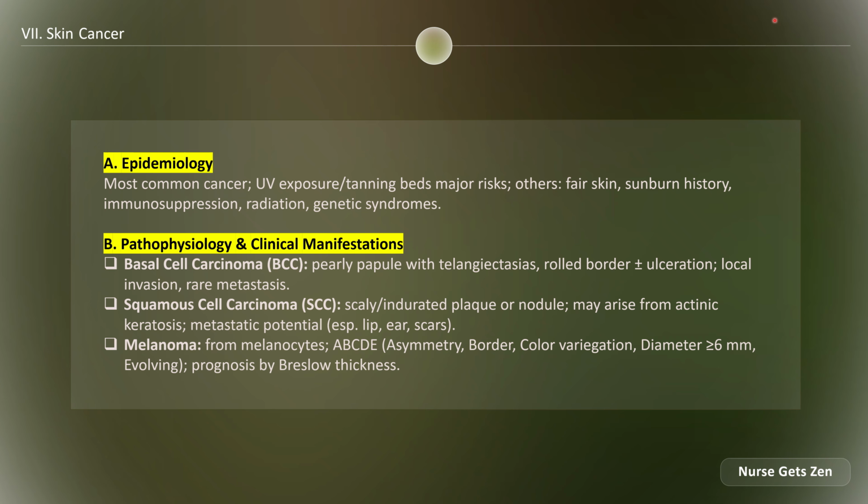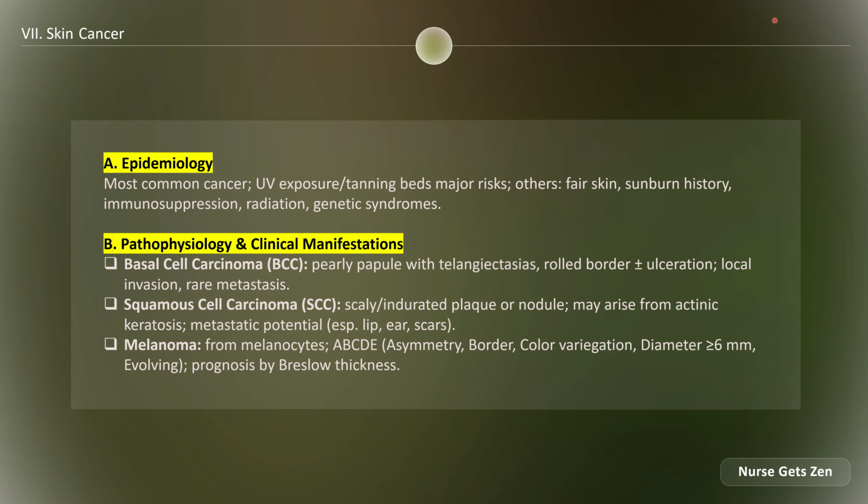The most serious of all skin cancers is malignant melanoma, which originates from melanocytes found in the basement membrane of the epidermis. The skin is divided into three sections: epidermis, dermis, and the hypodermis. The epidermis, even though it is so thin, also has 5 layers.